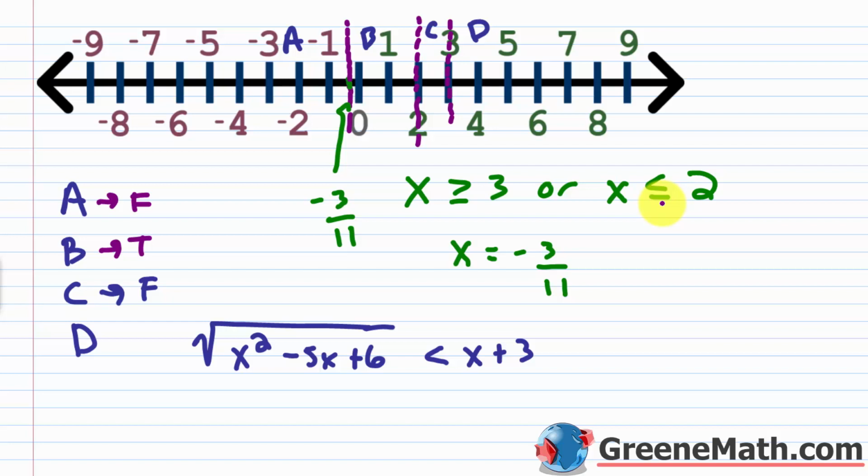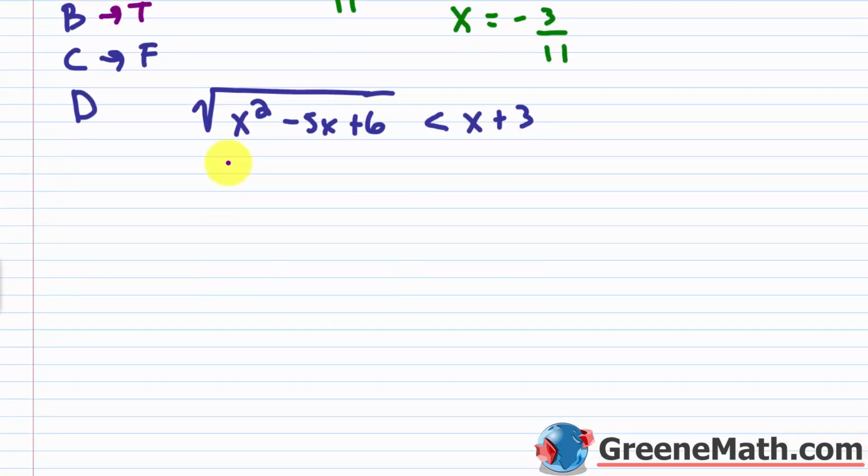Now, you can test something in interval D just to be safe, but essentially it's going to work, right? Because this is basically telling us that anything larger than -3/11 is going to be a solution, with the exception of the numbers that violate the domain, which, again, is anything between 2 and 3. But let's take something from interval D. Let's just take 4 and see if that works. So I plugged in a 4 there, and there, and there.